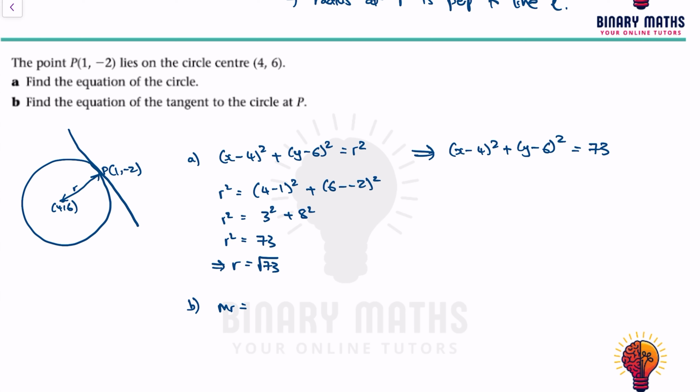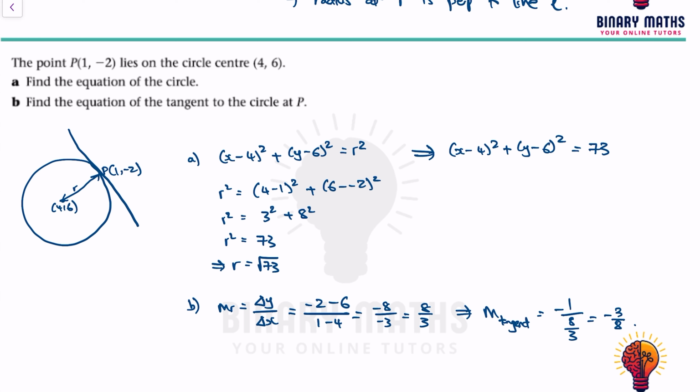The gradient of the radius is change in y over change in x, which is equal to minus 2 take away 6 over 1 take away 4, which gives me negative 8 over negative 3, which is 8 over 3. This implies the gradient of the tangent is equal to negative 1 over 8 over 3, which is equal to negative 3 over 8.